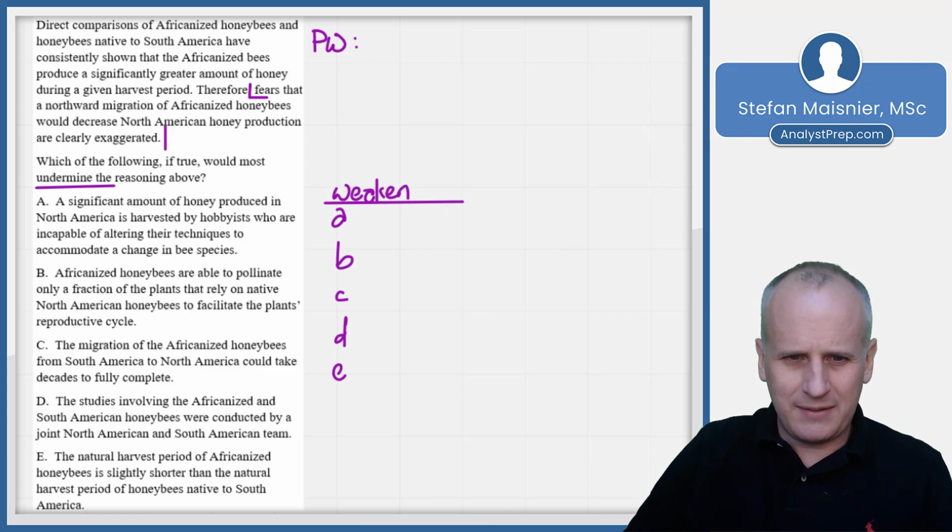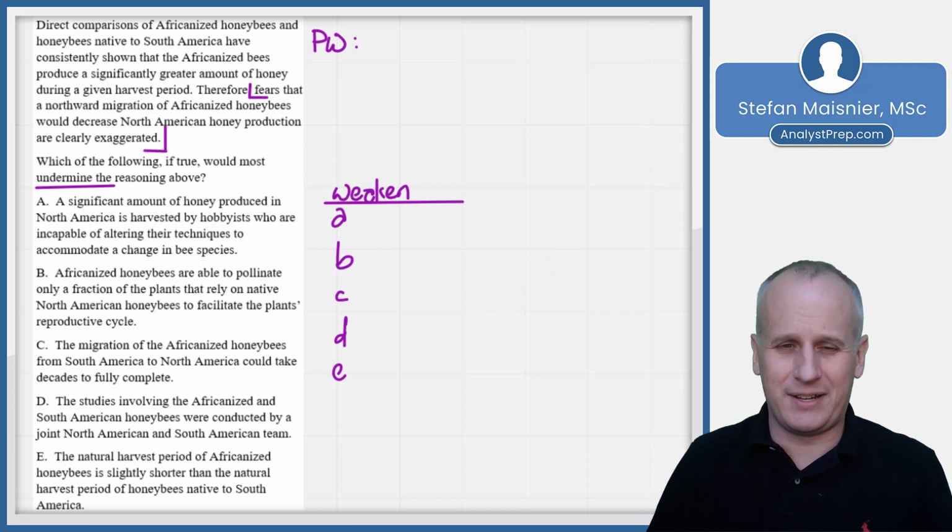So if we're trying to weaken, I want to simplify and not just say show information that the decrease is clearly exaggerated. That's really quite convoluted English. But we want to show that the North American honey production will go down, basically, because the decrease is not exaggerated.